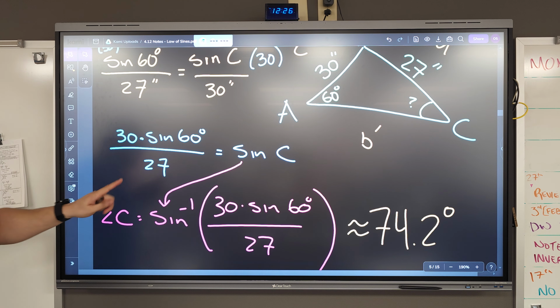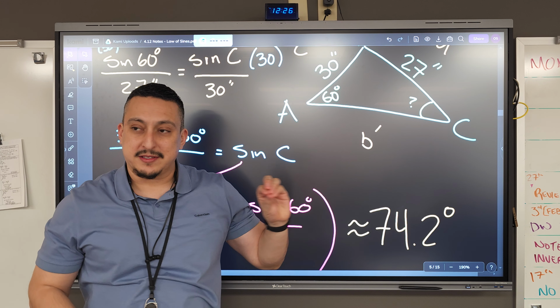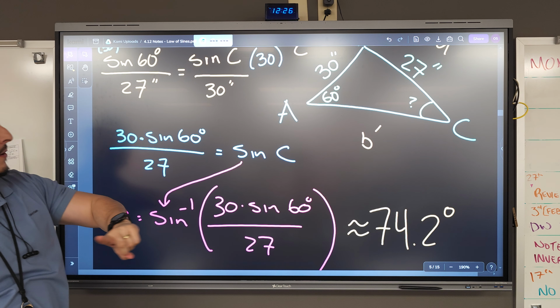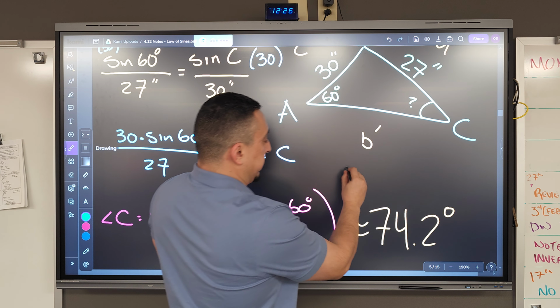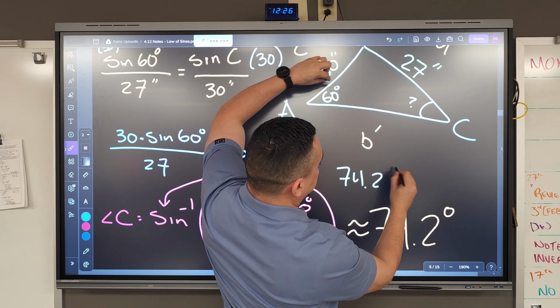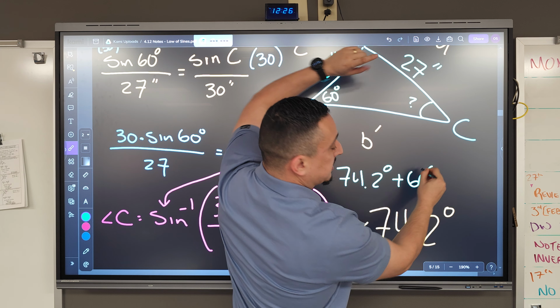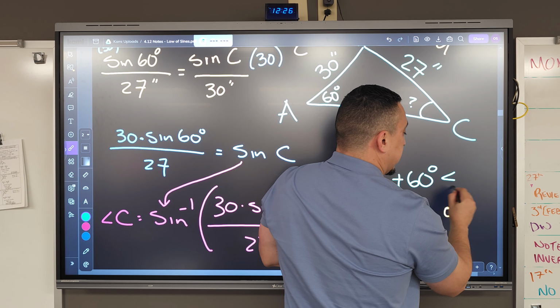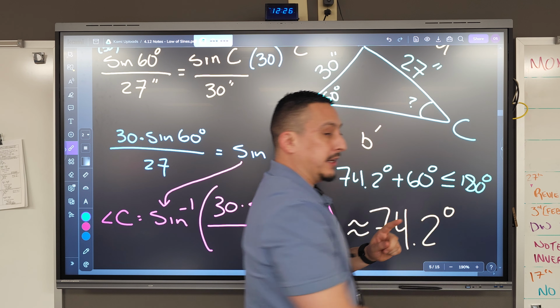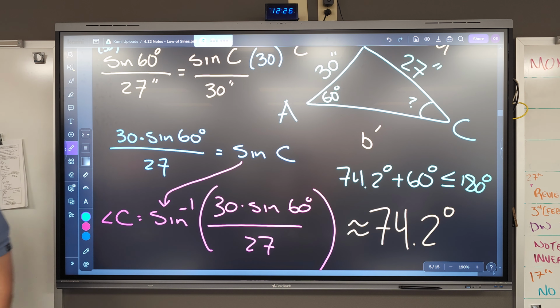So with these problems, we have to check to see if that angle, so I went back to number 1 that it did work. This angle that we got, plus the angle they gave us, and this is the last point I want you to go away with, okay? Are they less than 180? Okay, add them real quick.